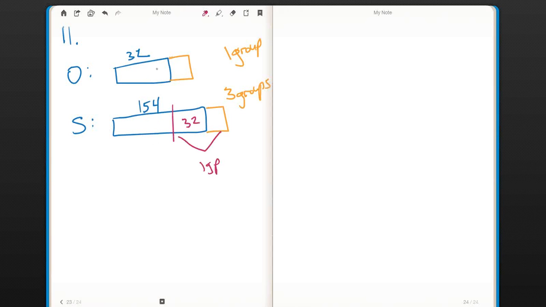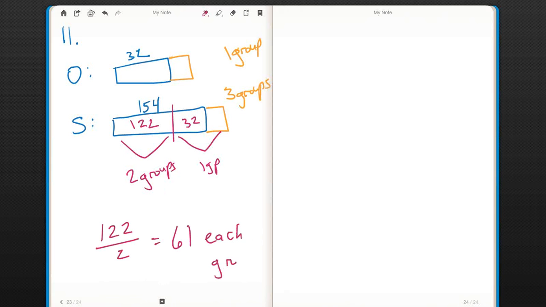When I have the 154 and I take off the 32, then what I have left over here is 122, and those 122 comprise 2 groups. So 122 divided by 2 tells me that each group must have 61 in it.